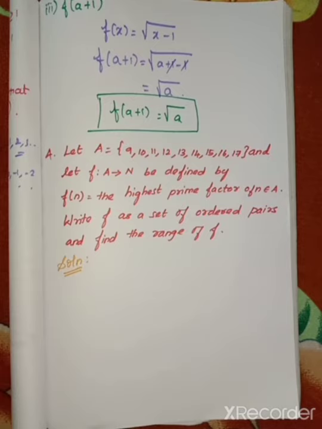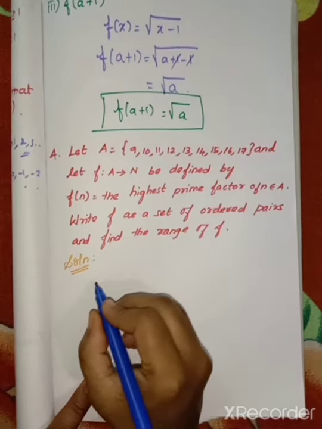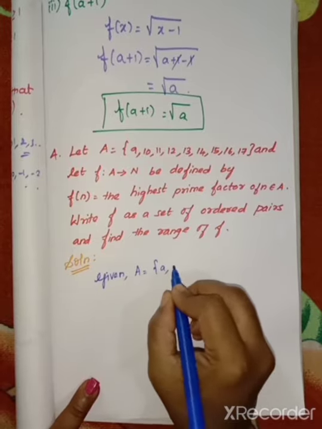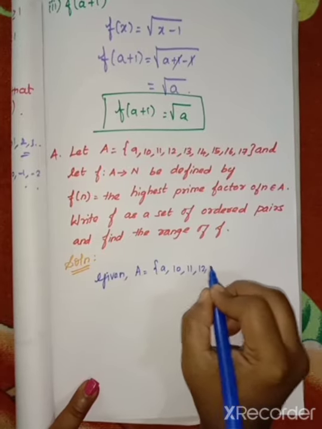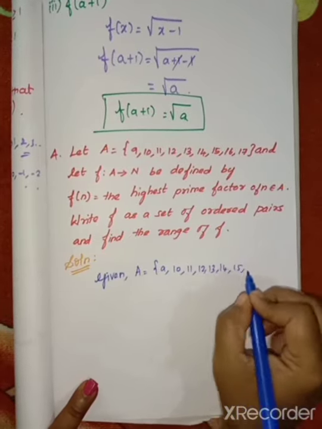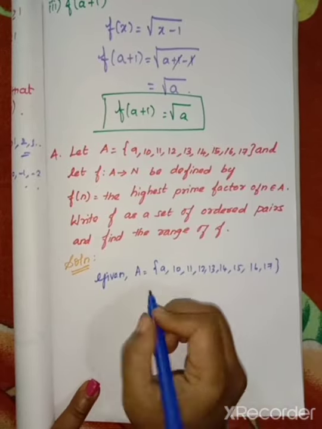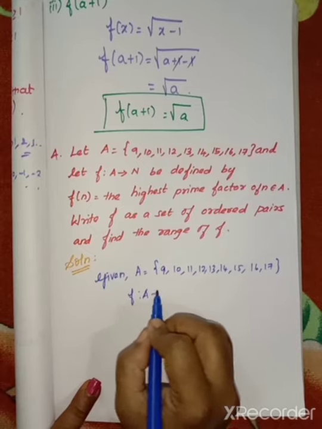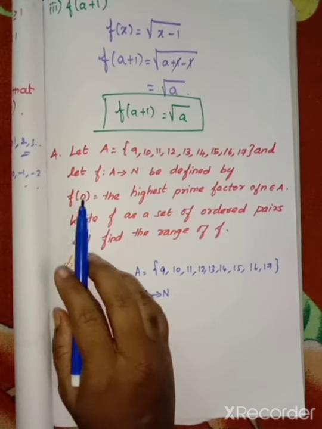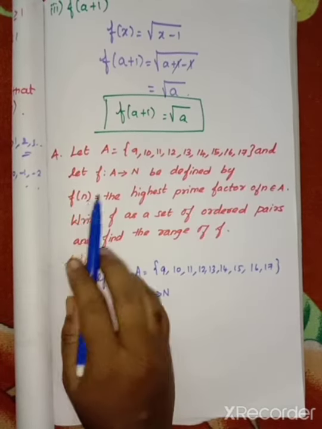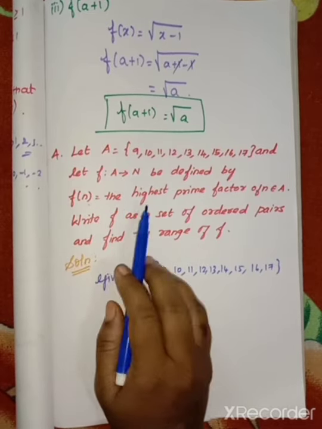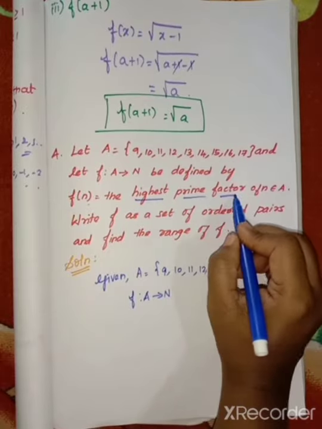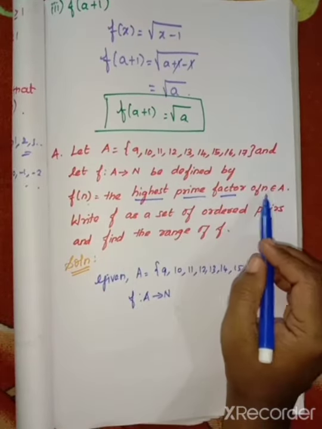So first, A equals the set of 9 to 17, and the condition is f from A to N. Here f of n is given, the highest prime factor, for n belonging to A.